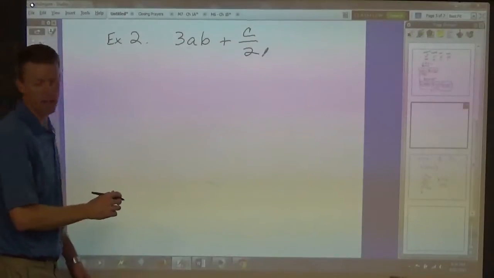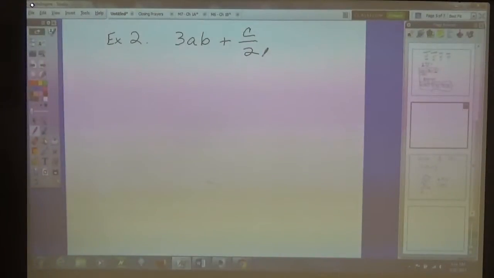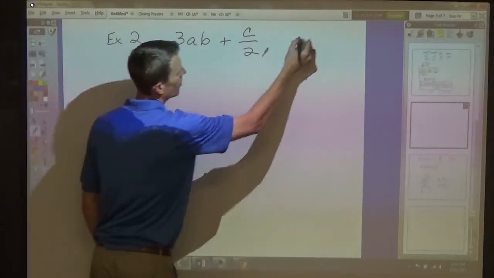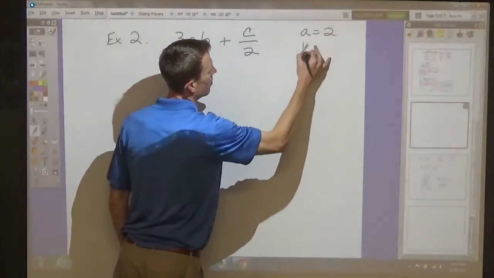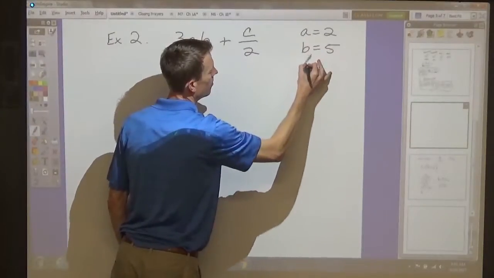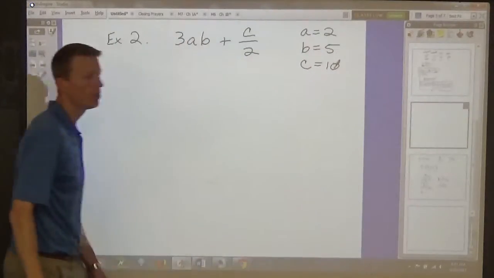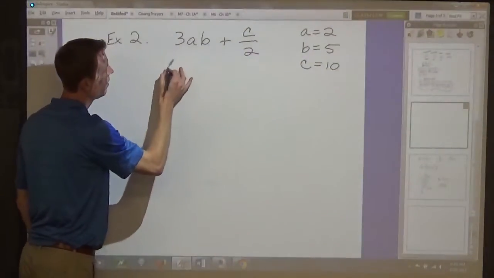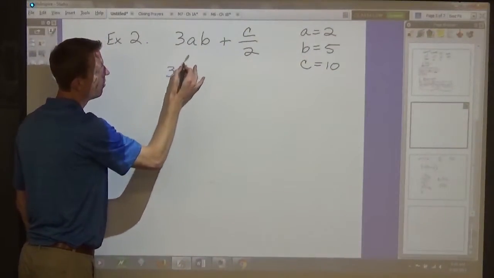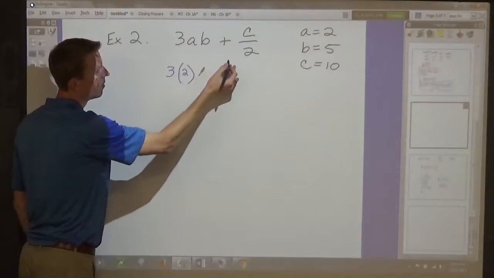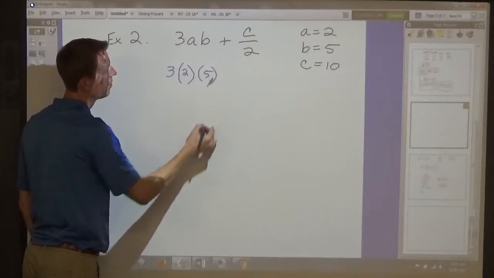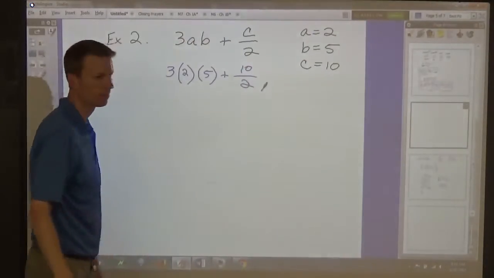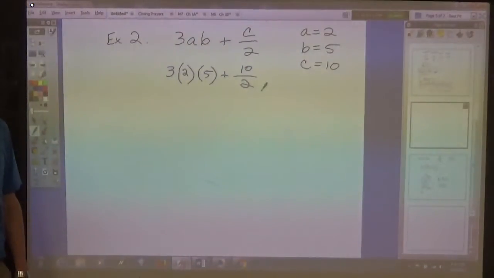And then they give you that a equals 2, b equals 5, and c equals 10. So what you'll need to do for your homework is substitute these in. Put 2 in place of A, 5 in place of B, and 10 in place of C. And then solve it.